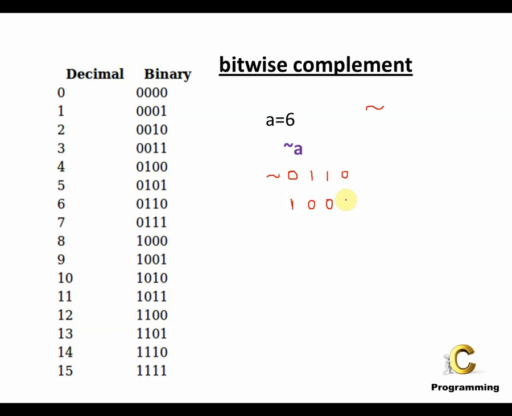And this 0 will become 1. So this is the result. This is the answer you get after performing a bitwise complement. And this is the representation of the decimal value 9. Hence the answer is 9. So this is how bitwise complement is performed. Let's go on to the next operator.